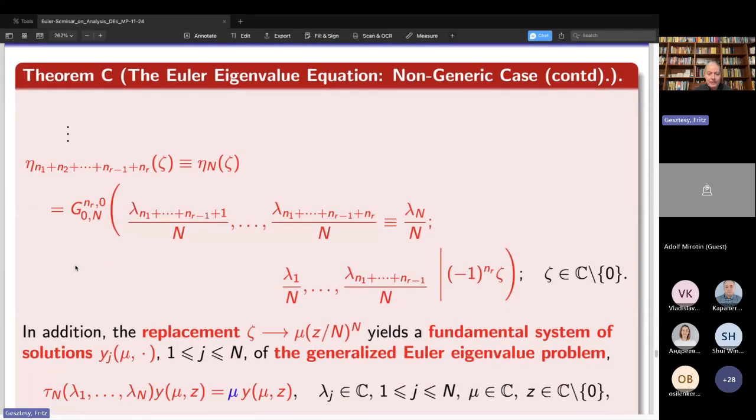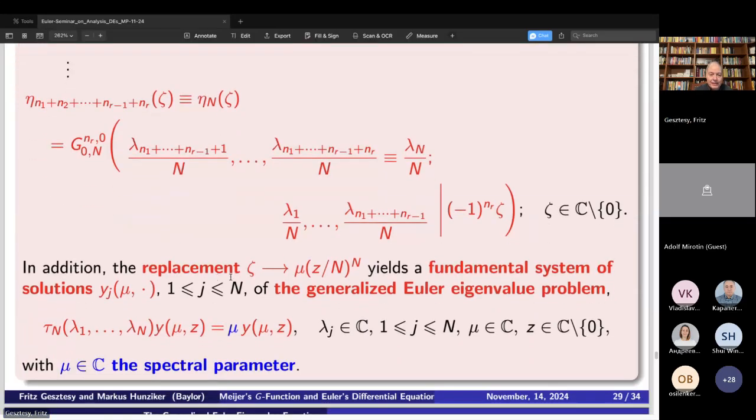And you remember the replacement where zeta went into a power, the nth power, in fact, of z, so that you go from Meyer's simplified differential equation to the eigenvalue equation for the nth Euler problem.